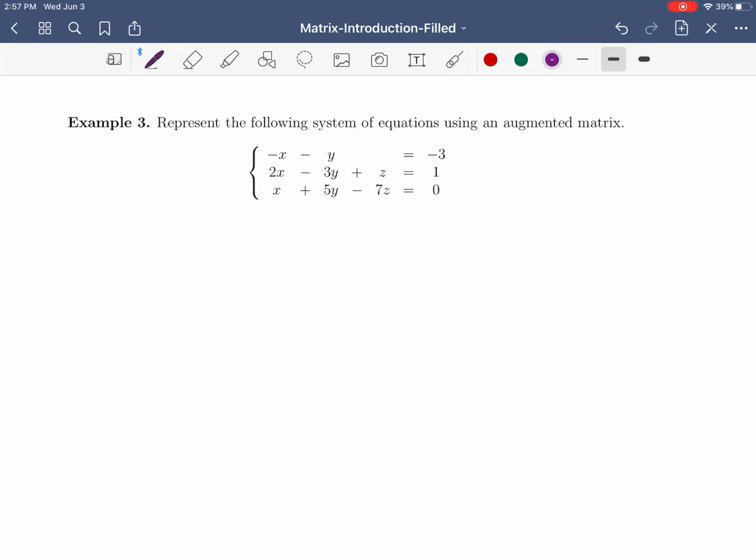This is a bigger example. Notice that we have 3 equations and also 3 variables: all the x's, all the y's, and all the z's. And over here are all of our numbers that don't have variables associated with them.